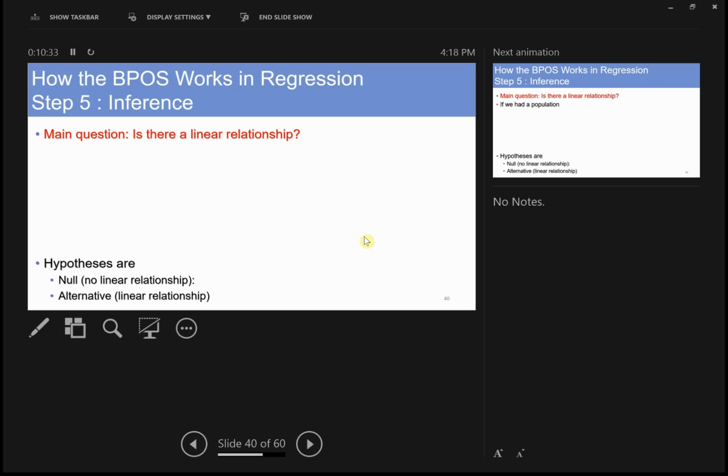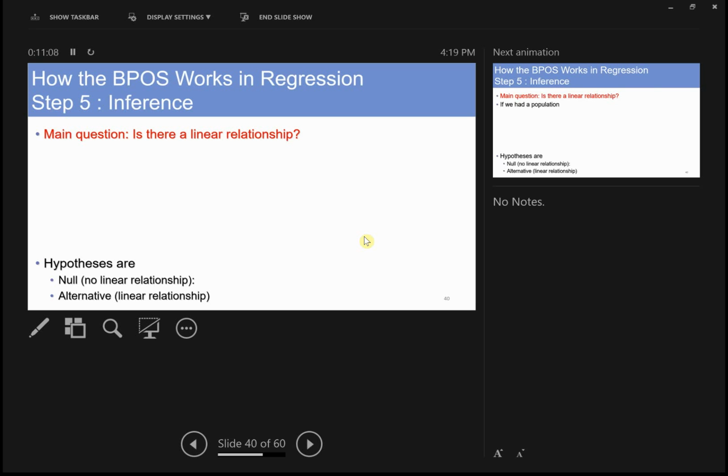Now, conversely, if there is a relationship, if the alternative is true, there is a linear relation, which means that the points are following a linear trend, right? So they're looking like this, or they're looking like this. What sort of relationship is that? Positive, right? So what would the slope be here?